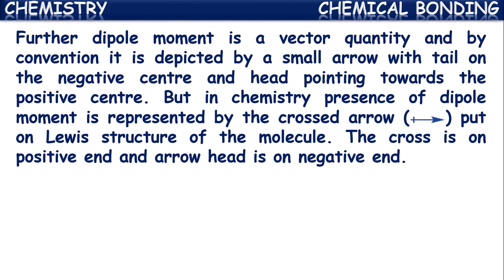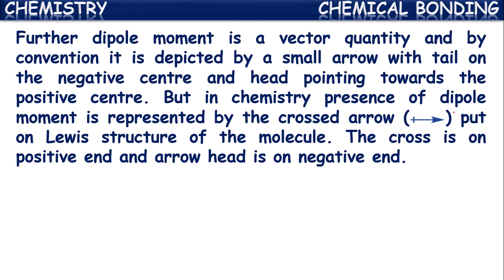Further, dipole moment is a vector quantity, meaning it is directional; this dipole moment will be from one charged particle to another charged particle, and by convention it is depicted by a small arrow with the tail on the negative center and the head pointing towards the positive center. But in chemistry, the presence of dipole moment is represented by a crossed arrow.